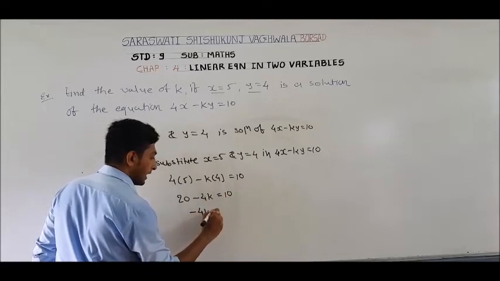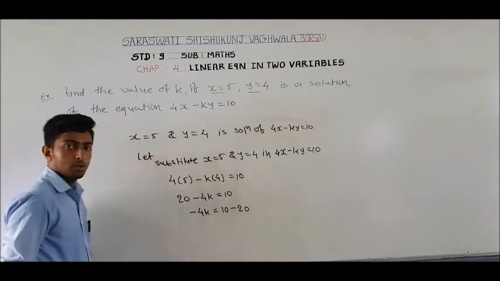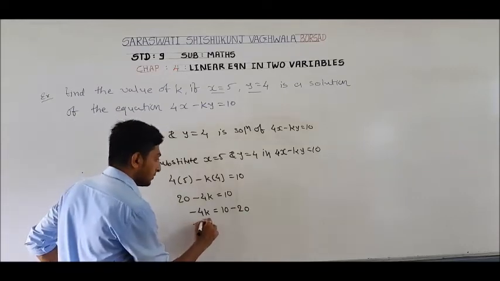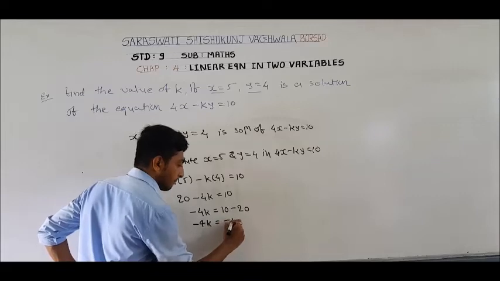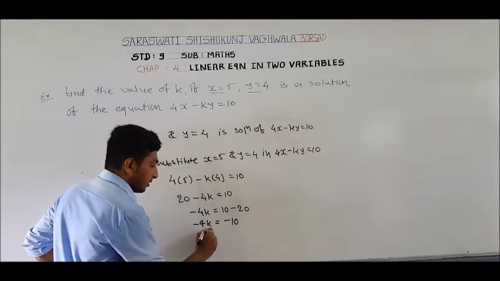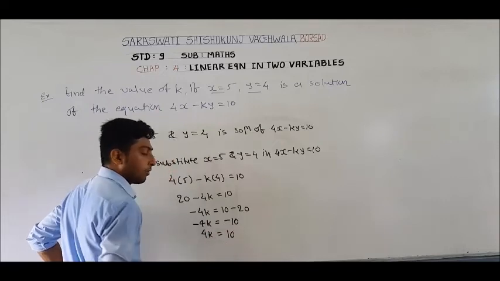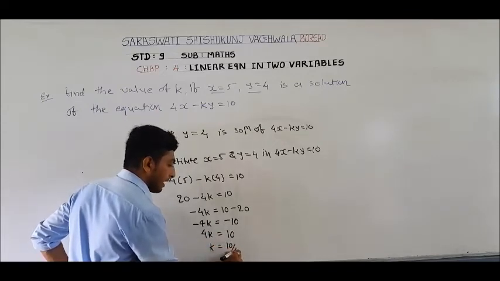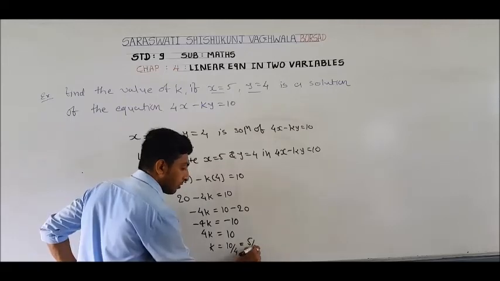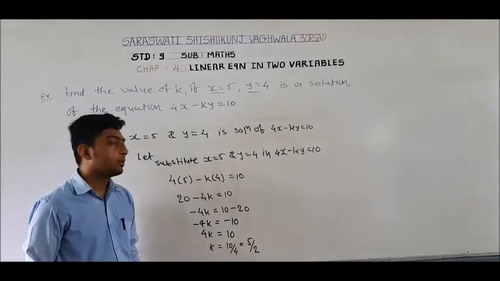Minus 4k equal to 10 minus 20, that is minus 10. Minus minus will be cancelled out. You can write 4k equal to 10. So k equal to 10 by 4, that is 5 by 2. So this is the value, k equal to 5 by 2.